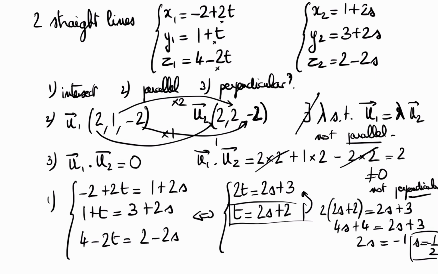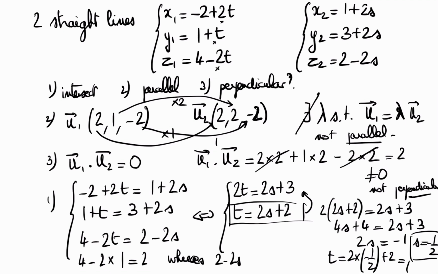If s equals minus 1/2, that means that t is equal to 2 times minus 1/2 plus 2, which is 1. Okay, let's see if that works with the third equation. So 4 minus 2 times 1 is equal to 2, whereas 2 minus 2s is equal to 2 minus 2 times minus 1/2, which is equal to 3.